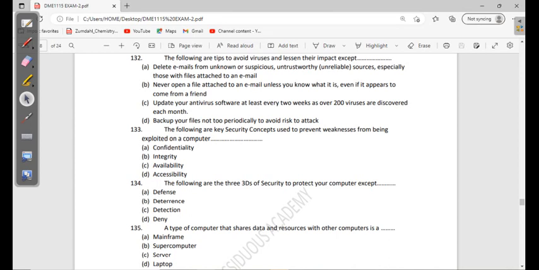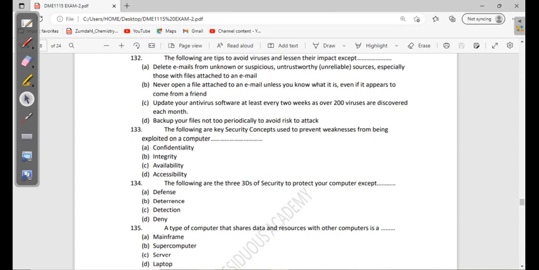133. The following are key security concepts used to prevent weaknesses from being exploited on a computer, except: confidentiality, integrity, availability, accessibility.